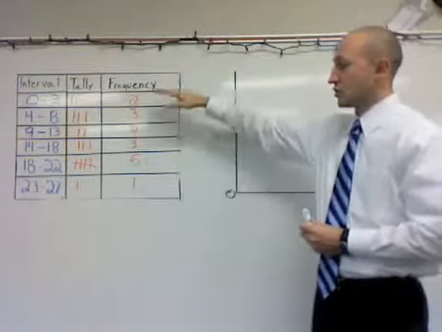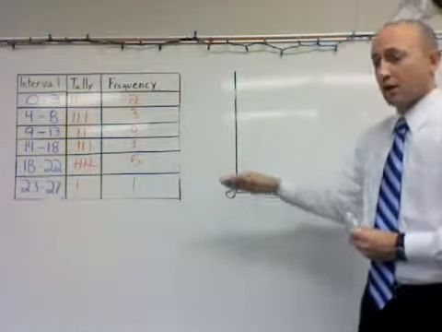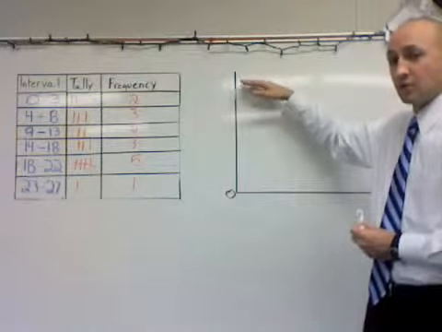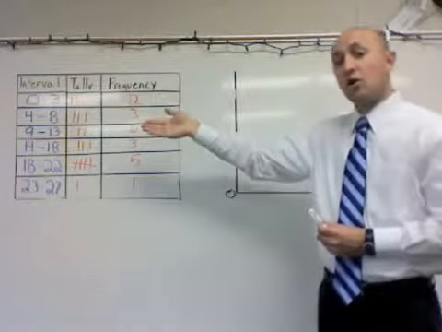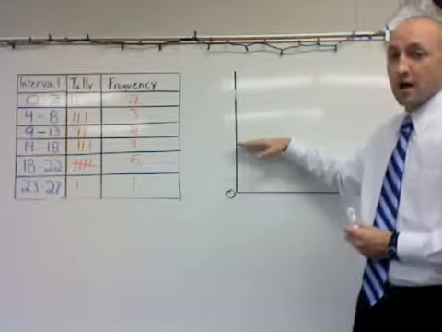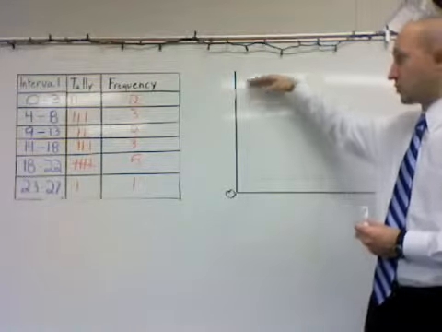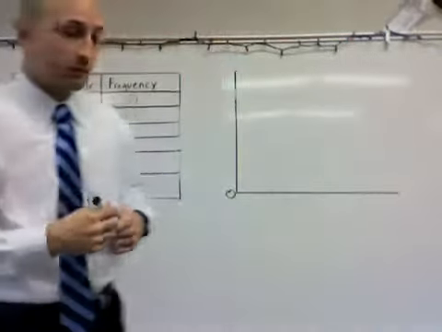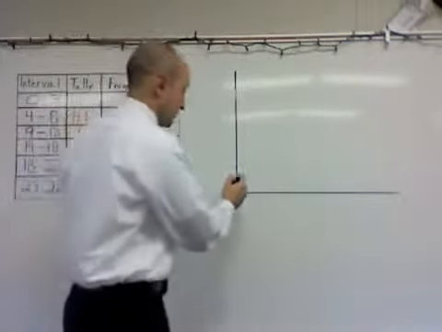And since they're such small numbers, I can probably do them in order. 1, 2, 3, 4, 5, and maybe just go up to 6. Now if we add larger numbers, our lines may be represented by 2s or 4s or 5s, something that will allow us to show a greater range. But since we're only dealing with 5 numbers, it'll be really easy for us to set this up.